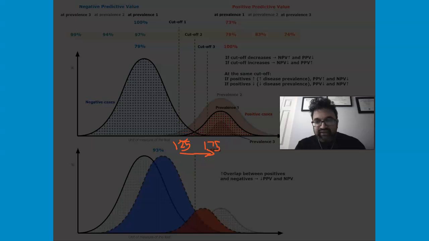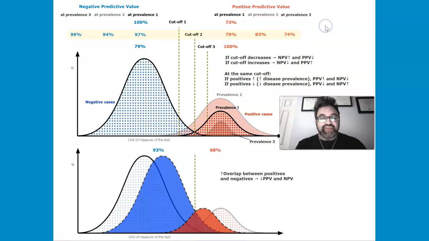One question that you will oftentimes be asked on medical license exams is how does that change positive predictive value and negative predictive value. If the cutoff increases from 125 to, say, 175, then the negative predictive value will automatically decrease.